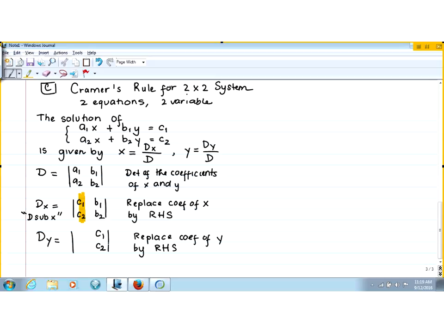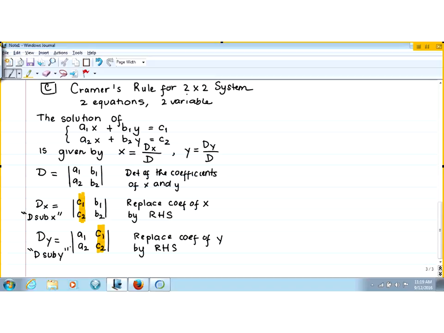So I'm going to write this one first, C1, C2, because this is what I replaced. This is the coefficient of y, which I replaced. How about the first column? Well, it's still A1, A2, because those still contain the coefficient of x.